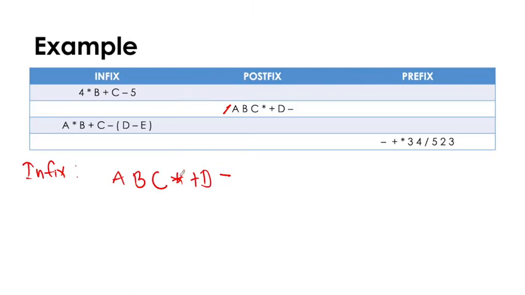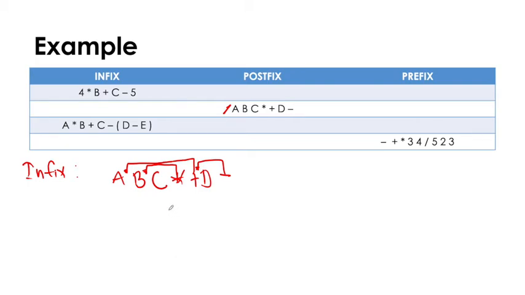So for example, this multiplication sign, its nearest two sets of non-operators is B and C, so I'll move it in between these two, and then the plus sign will be moved here, and then lastly the minus sign will be placed here.